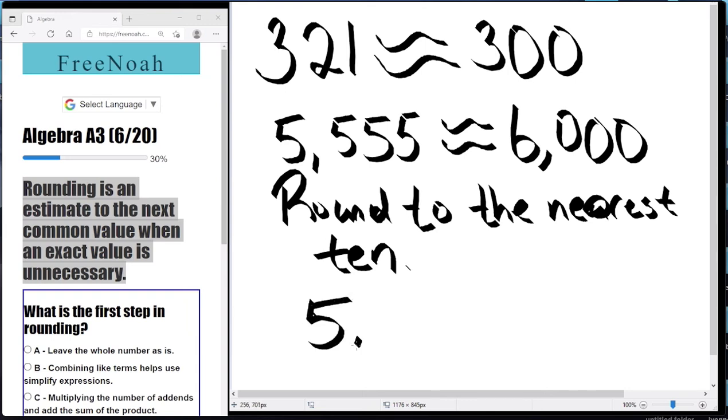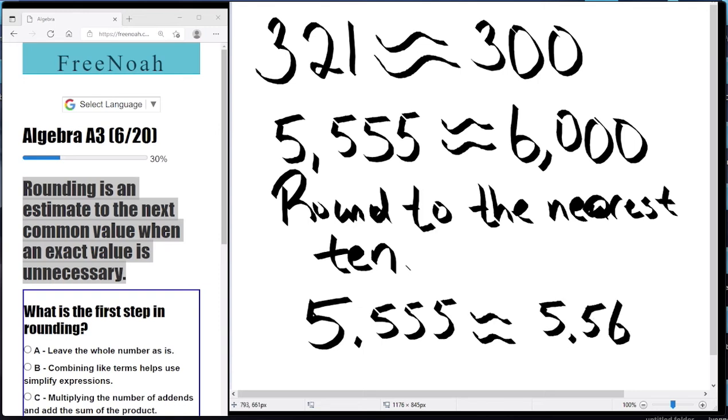5,555, and this will round up to 5,560 because there's some specification there. Notice that we looked at the ones place value of 5,555. It was a 5, and the rule states you replace that 5 with a 0 and you add 1 to the place value on the left.